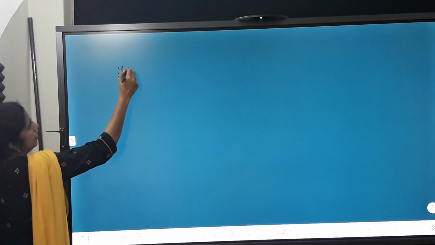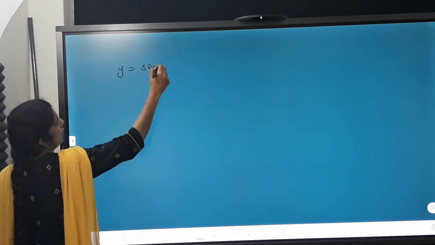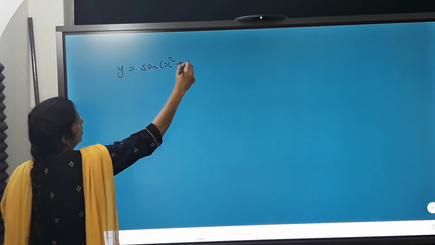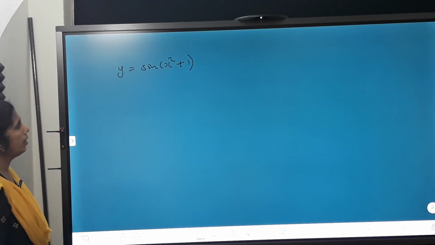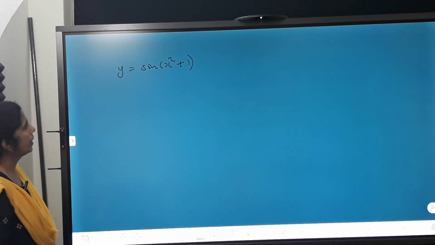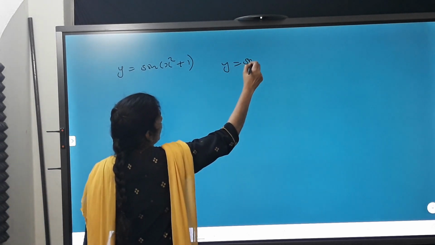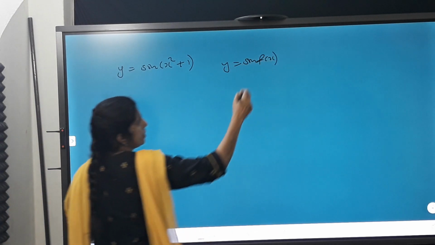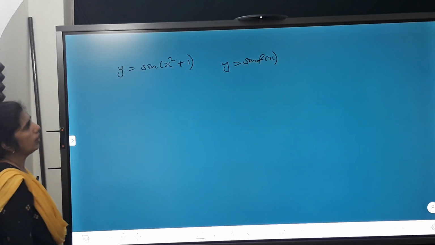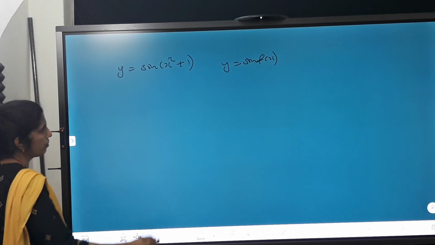Now, y is equal to sine of x square plus 1. This is of the form y is equal to sine of f of x. There is a direct formula also to find derivatives of trigonometric functions.